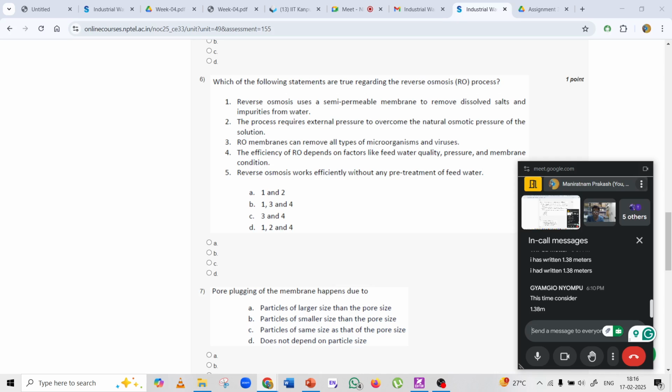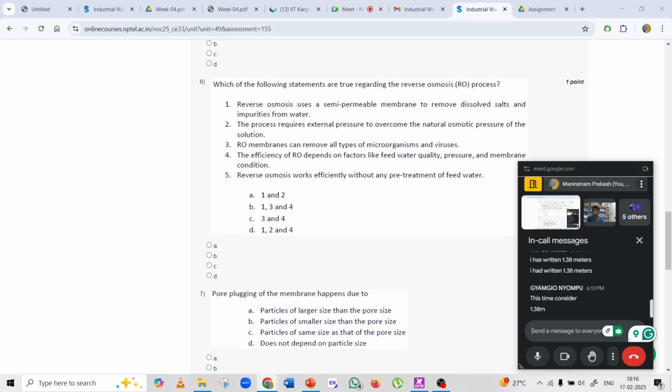Other than 5, I think it will be 1, 2, 3, 4, but there is no such option.